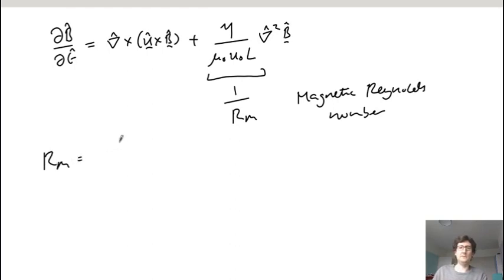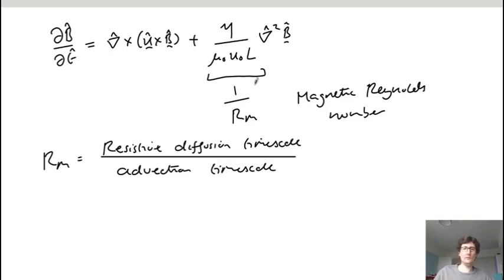So Rm is the ratio of the resistive timescale, so resistive diffusion. So it's the time the magnetic field takes to diffuse a given distance, well, typical distance L, and the ratio of that to the time it takes the magnetic field to be advected by the flow velocity. This is also sometimes written as something called the Lundquist number, which is just the magnetic Reynolds number with this u naught set to the Alfvén speed.